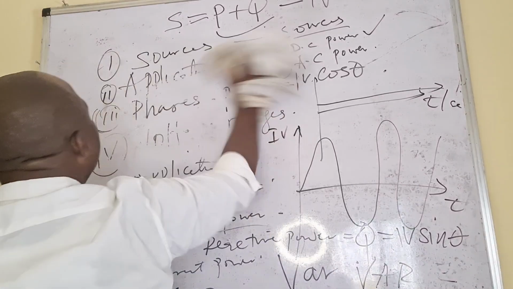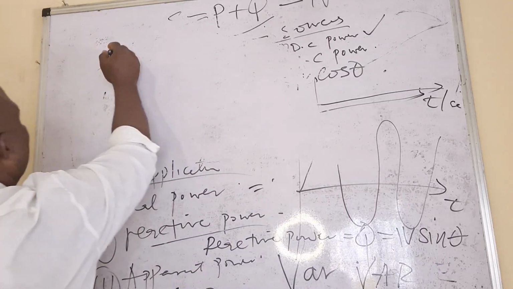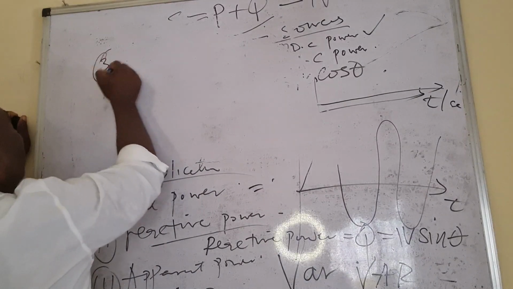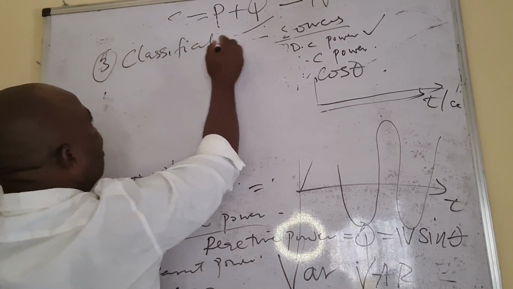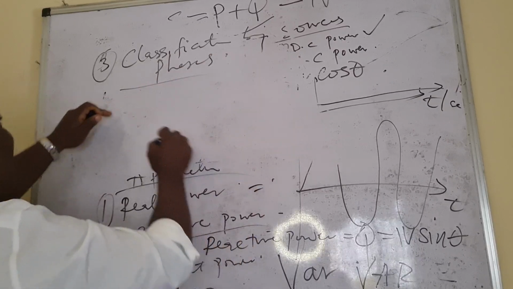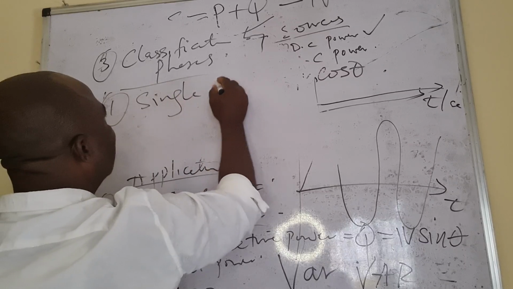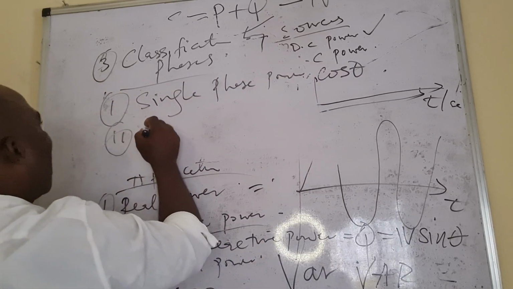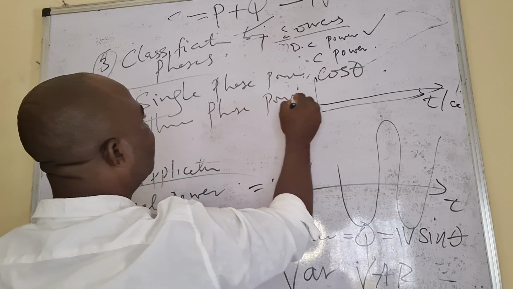Classification by phases. So we are on the third classification, which is classification by phases. Of course, here we have the single phase circuit or single phase power, and then the three phase power.